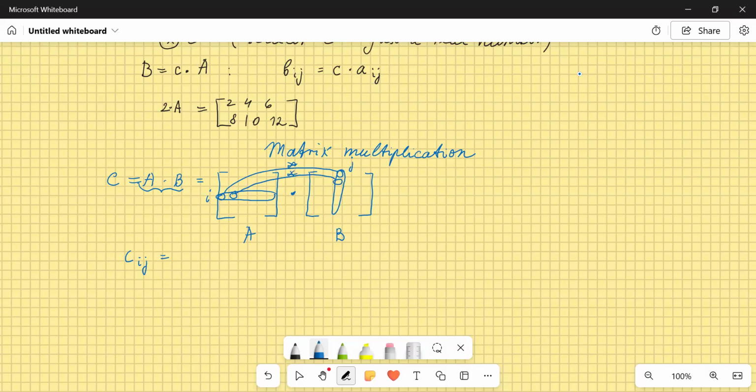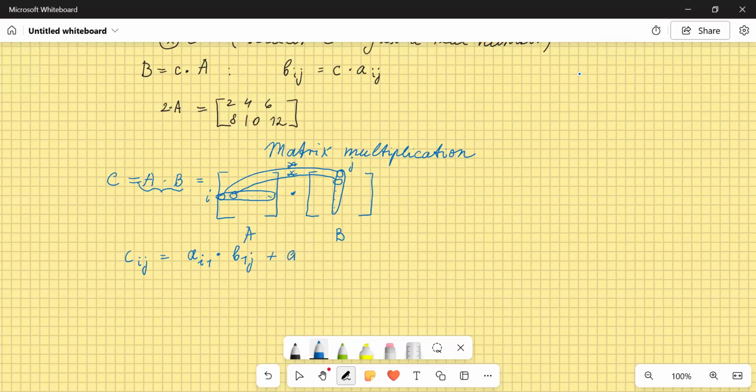If you write it down as a formula, it's going to look like this. The element of matrix A with row number i and column number 1 is going to be multiplied by the element of matrix B with row number 1 and column number j. And we are going to repeat this operation for all elements sitting here and all elements sitting here.